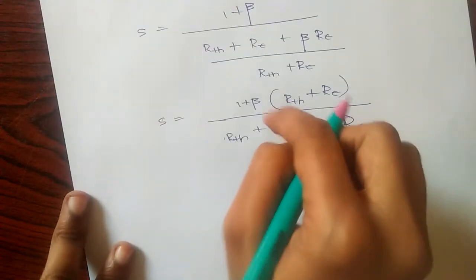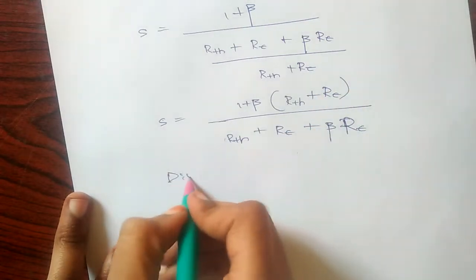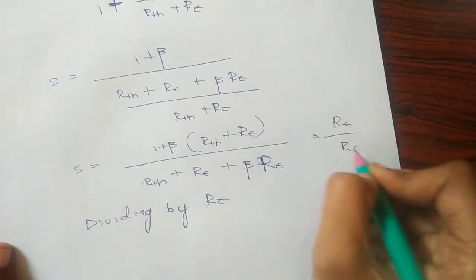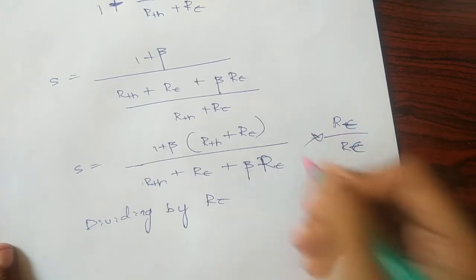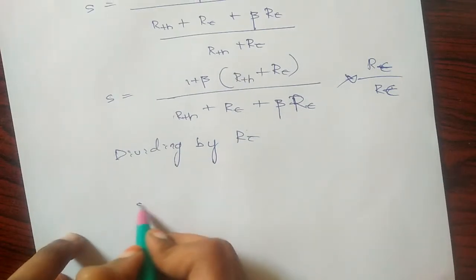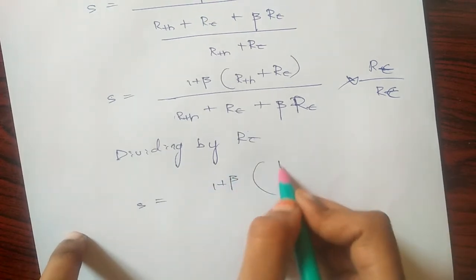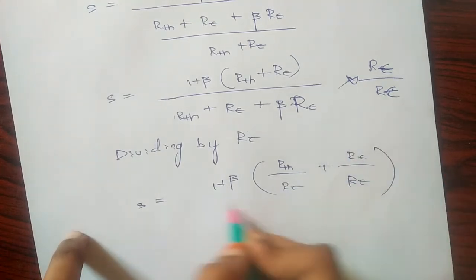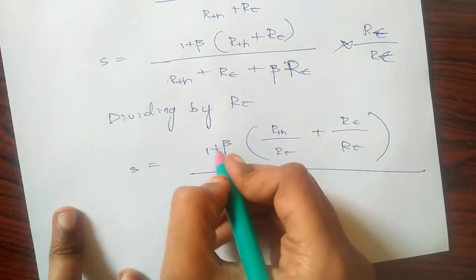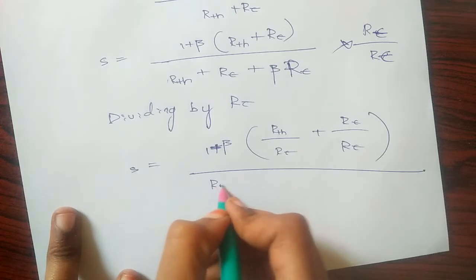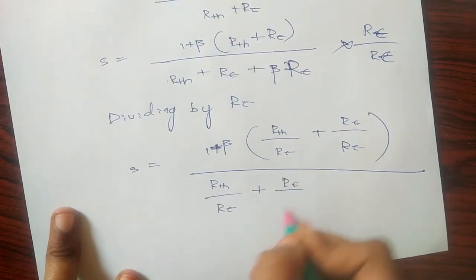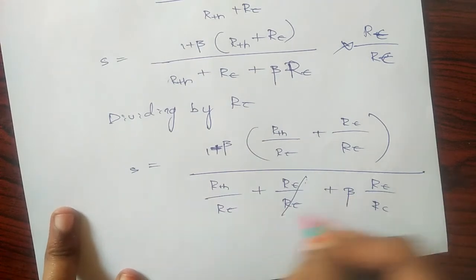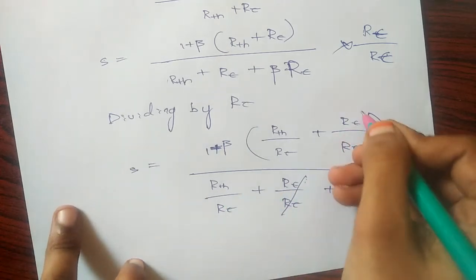Now if we divide the equation by RE, we get S is equal to 1 plus beta by RTH by RE plus RE by RE plus beta into RE by RE. Now RE by RE cancels, and this is also cancelled.